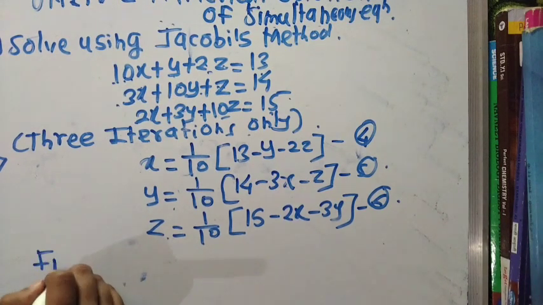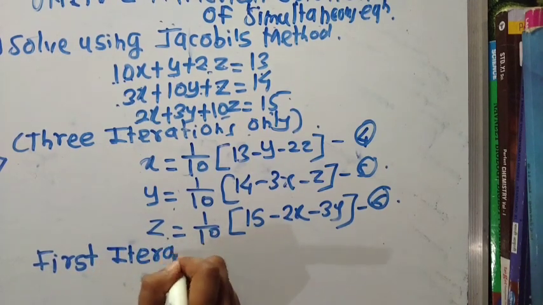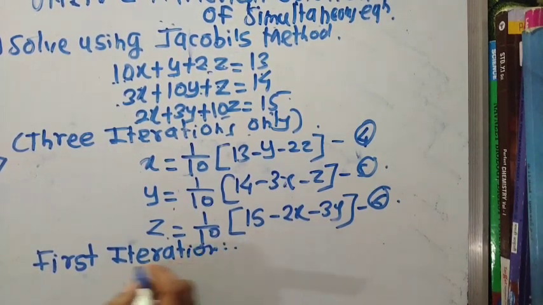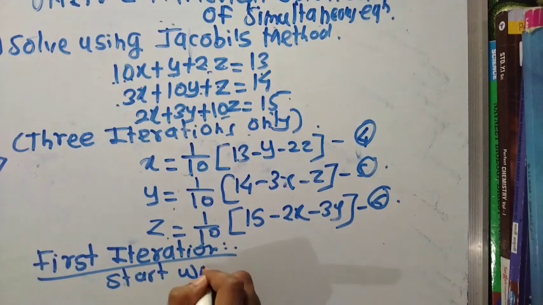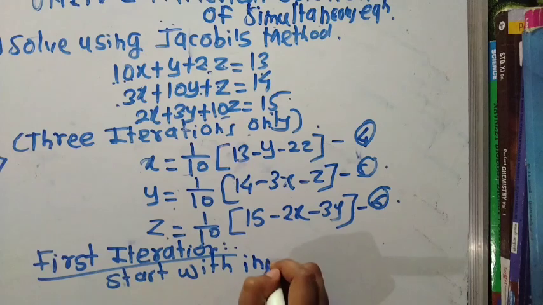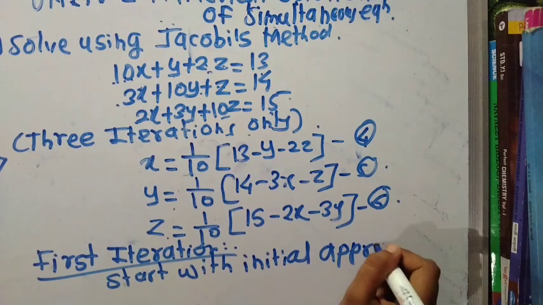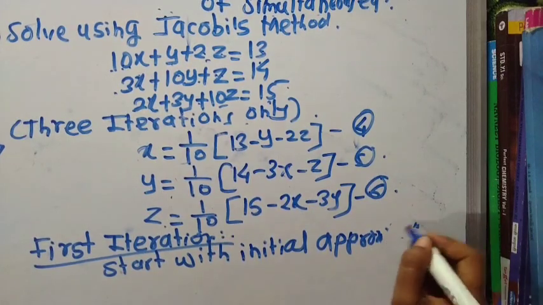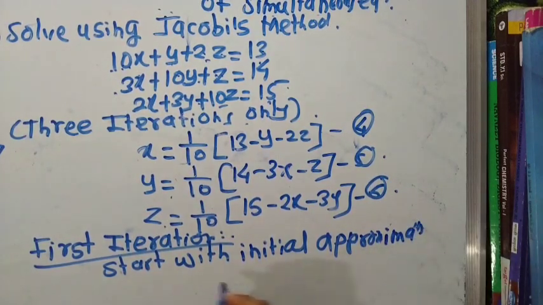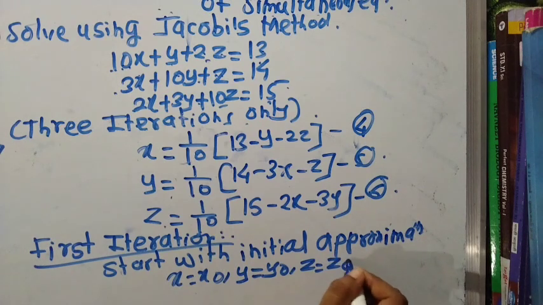Then find out the first iteration. For the first iteration, start with the initial approximation x is equal to x0, y is equal to y0, and z is equal to z0.